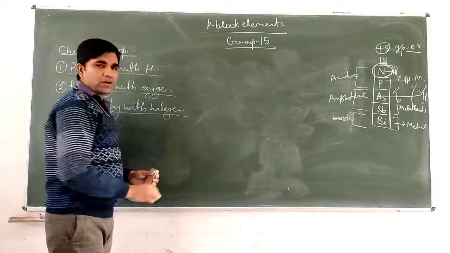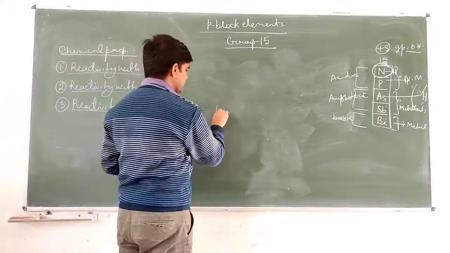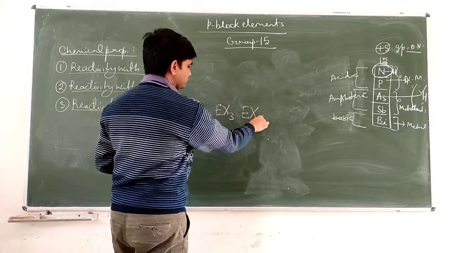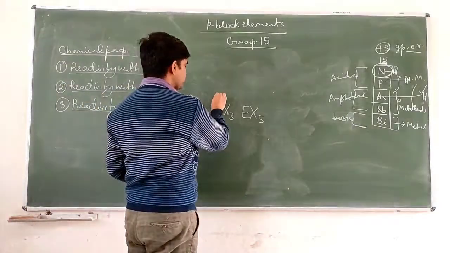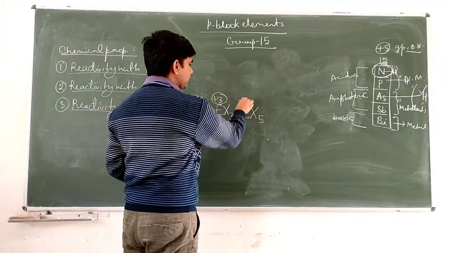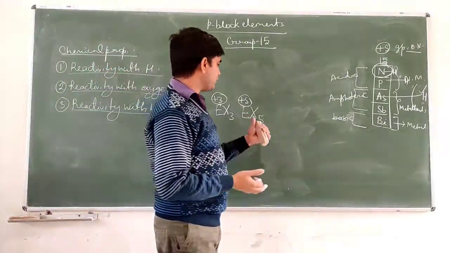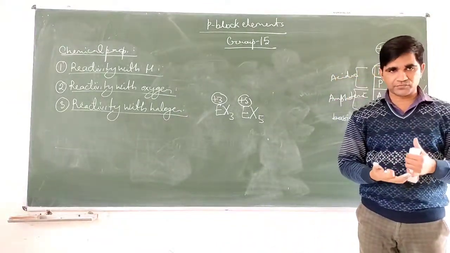On reacting with halogens, they can form two different kinds of halides. First is EX3 and second is EX5. Clear? Out of these two, one has +3 oxidation number, the other has +5. One question you will find in NCERT is why pentahalides are more covalent than trihalides.